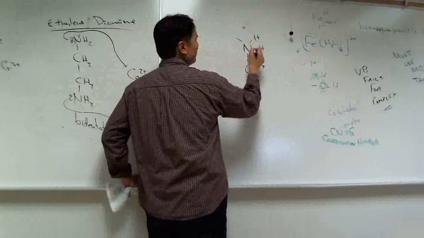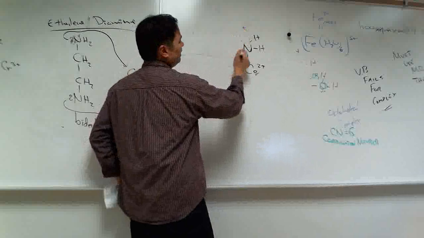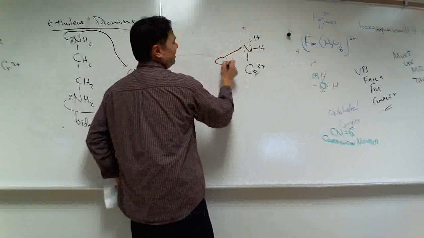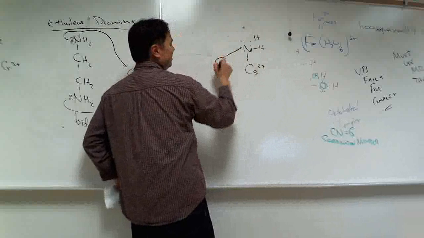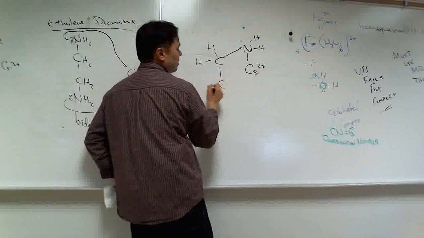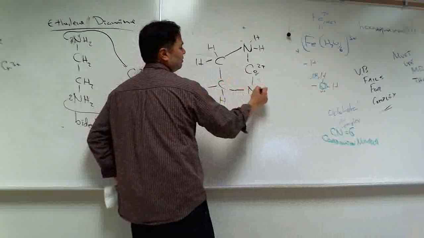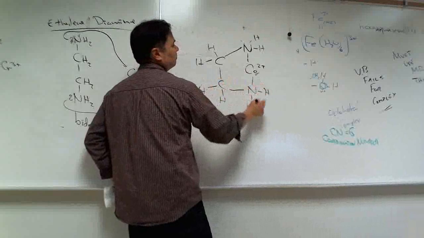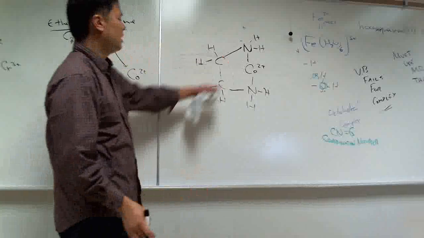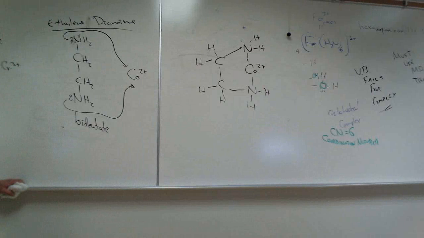The lone pair is used to bite into it. This is sp3. This is not the greatest sp3 drawing, but it wraps around and then bites into it a second time here. And so the single ethylene diamine molecule can bond to cobalt with two atoms. This is called bidentate.